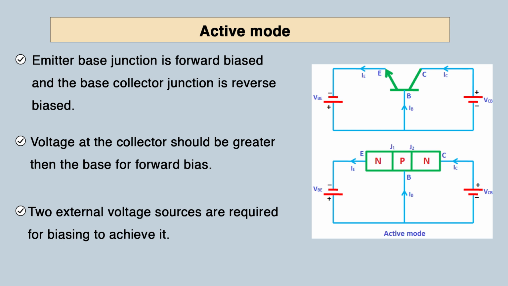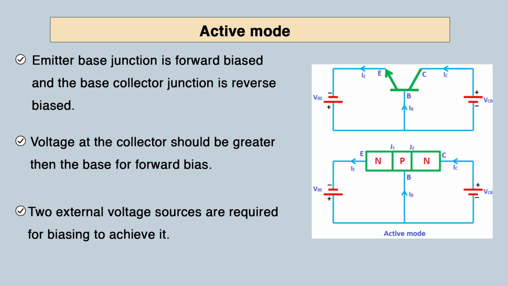This can be achieved by applying negative potential to the emitter terminal, as we are using an NPN transistor. So, we apply negative potential to the emitter and positive potential to the base, and then we connect another biasing circuitry.